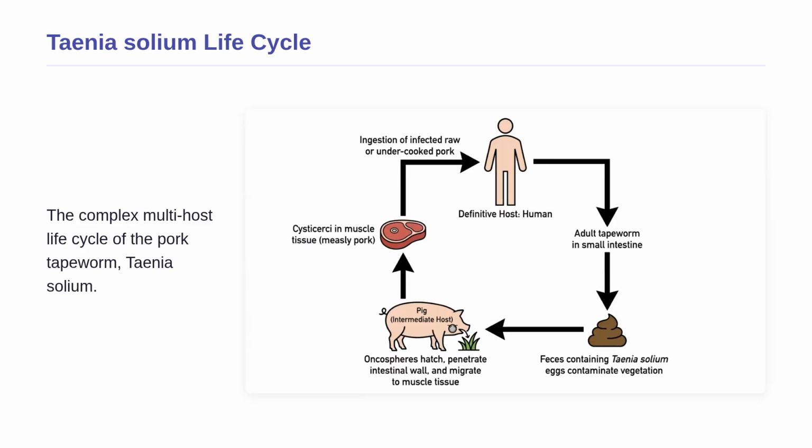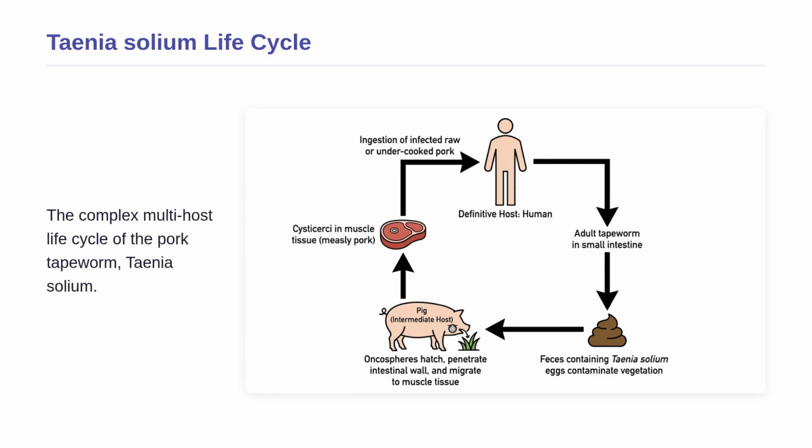Now that we have mathematically quantified an infection, let us visualize how these parasites spread by looking at the life cycle of the pork tapeworm, Taenia solium. At the top, we see the human, the definitive host, harboring the adult tapeworm in the small intestine. Following the arrows clockwise, the human excretes feces containing eggs, which contaminate vegetation.